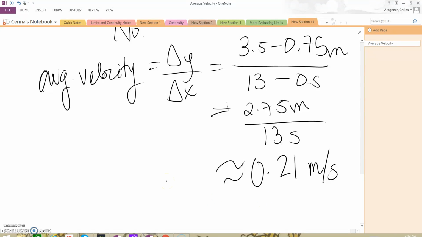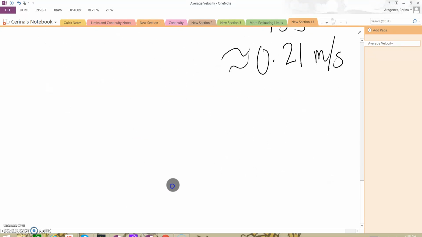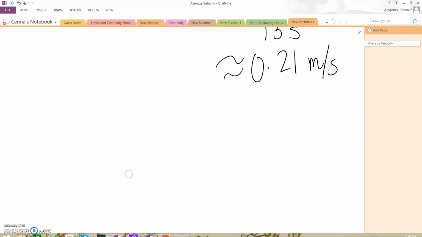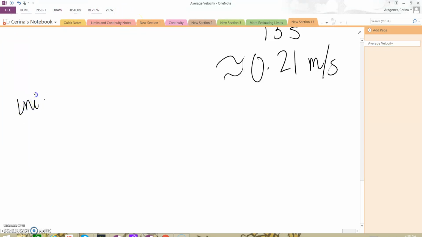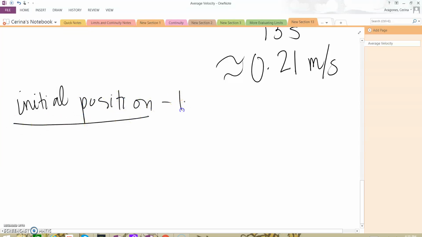Okay? So just to summarize the things we saw, first of all the difference between initial position and final position. So let's do some vocab here. Initial position is your location at T1, which is your starting time.